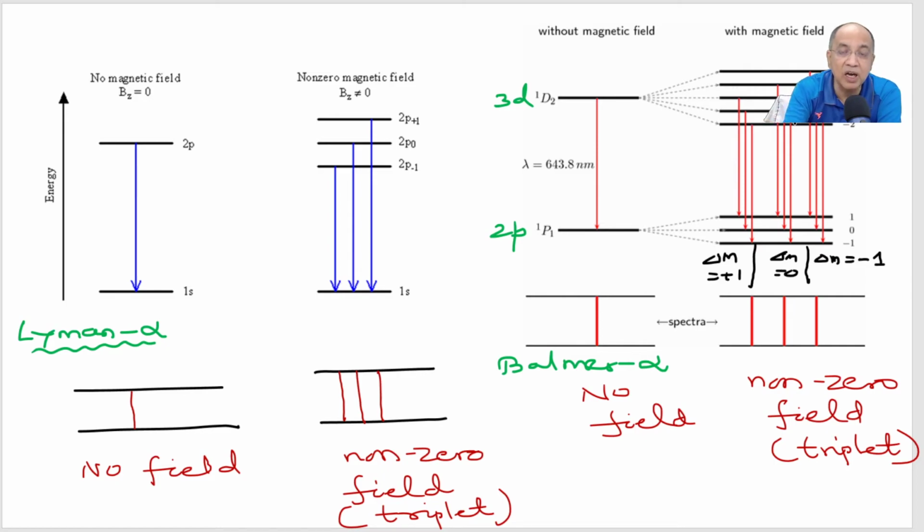Only these 9 allowed transitions give detectable peaks, detectable lines or emissions, and they belong to 3 different transition energies, hence 3 lines. You understood? Although there are 15 transitions between 3D and 2P, 6 are forbidden, leaving 9. Out of the 9, they belong to only 3 categories of transition energies.